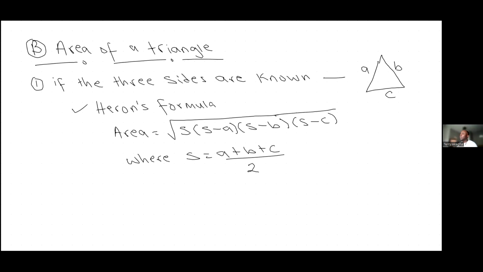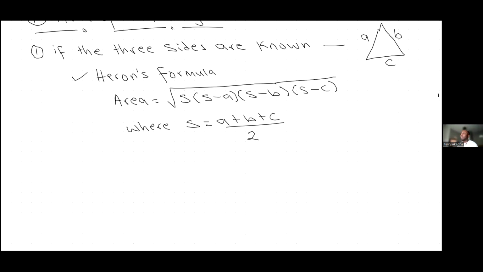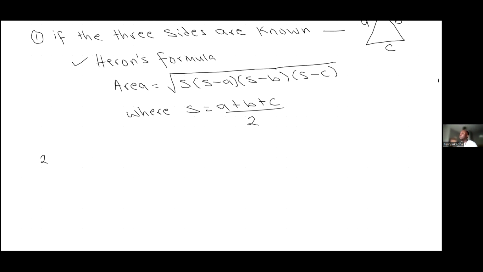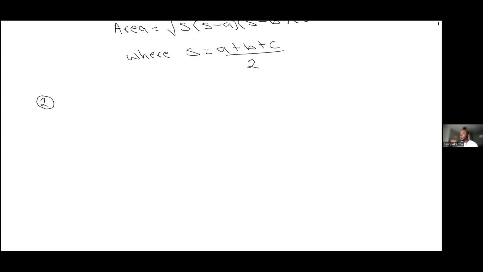Now the next one is the second way to find the area of a triangle. Number 2, if you have the vertices. So if the 3 vertices are known, what I'm saying is that, for instance, the coordinate here may be x1, y1.